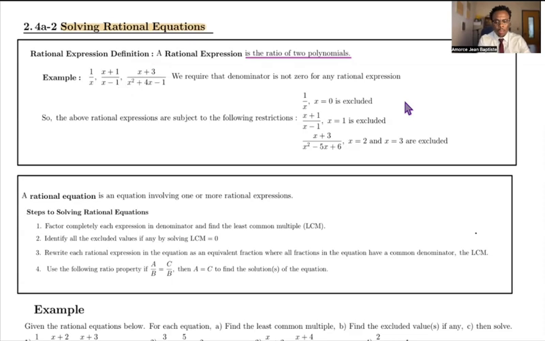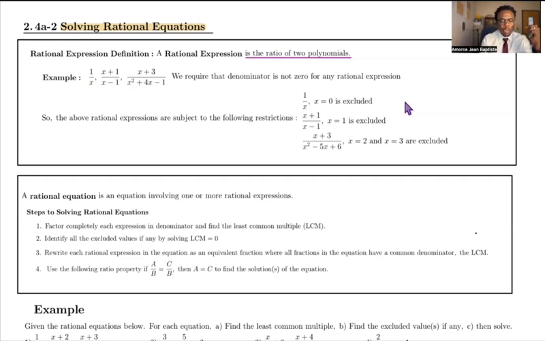Remember, the difference between an expression and an equation is that if you don't have an equal sign, you don't have an equation. An equation is two expressions separated by an equal sign. So those are expressions because you don't have an equal sign.